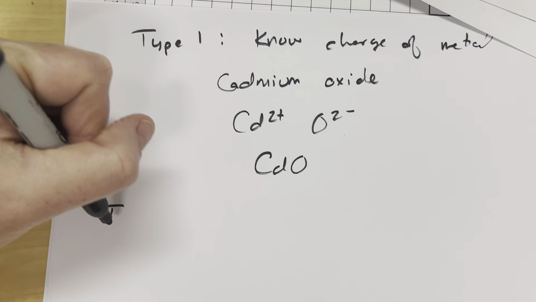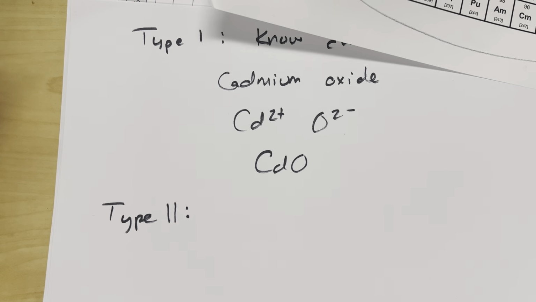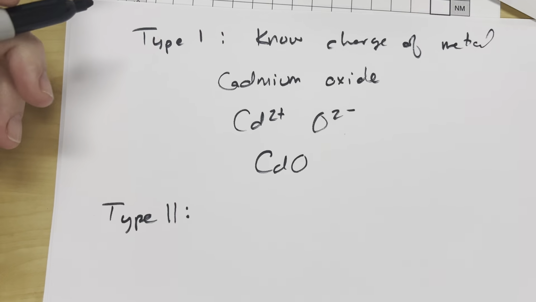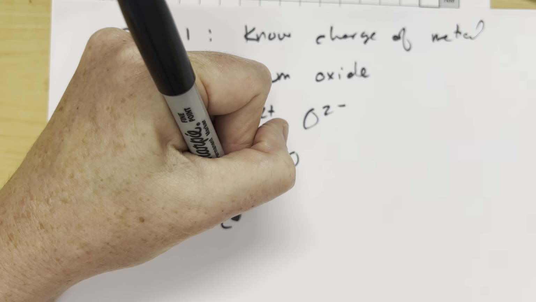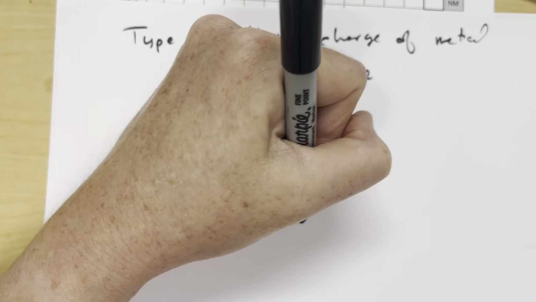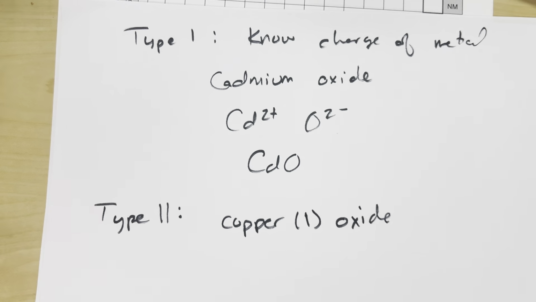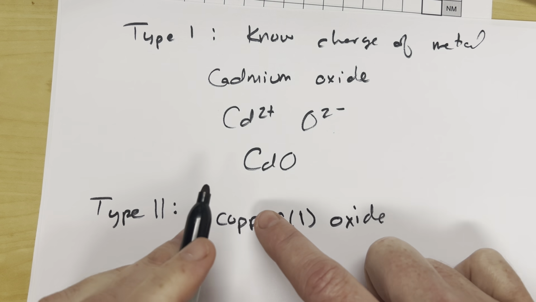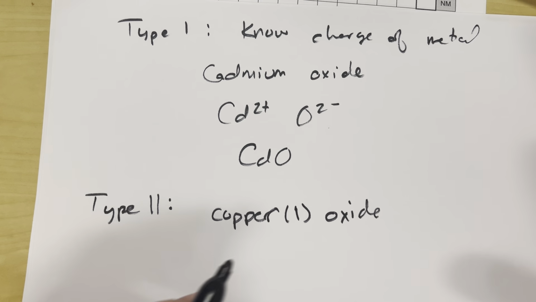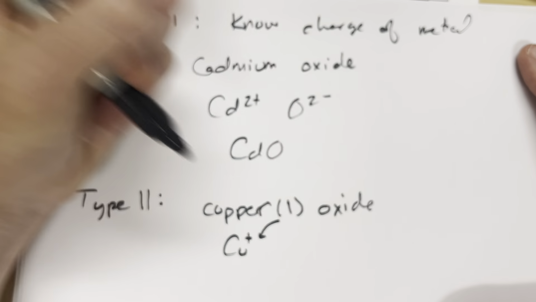Type 2 compounds, we don't know the charge of the metal. It has to be given to us or derived. So, for example, if I say copper 1 oxide, I didn't do a very good job. This Roman numeral should be attached to this copper, because it's copper 1. What this tells us is that copper here has a 1 plus charge.